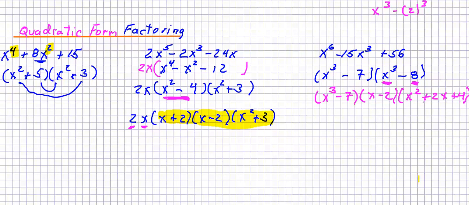This is factoring just like we did the last couple of days. All right, and now we look at it. Nothing else is factorable. When we factor a difference or sum of cubes, this part will never be factorable, and so we're done. All right, I hope this makes sense.